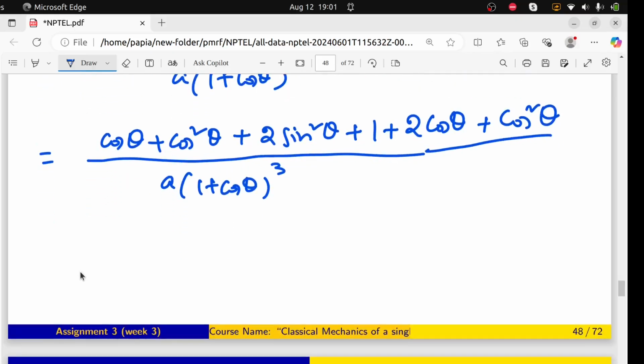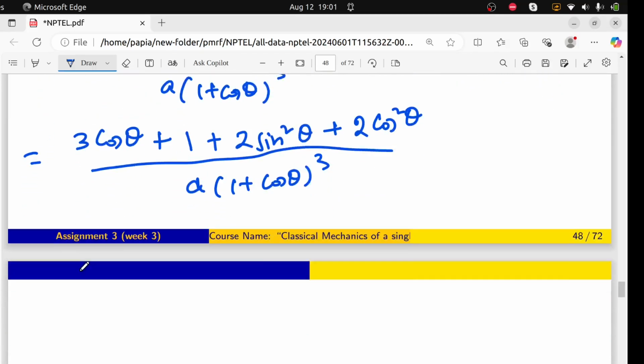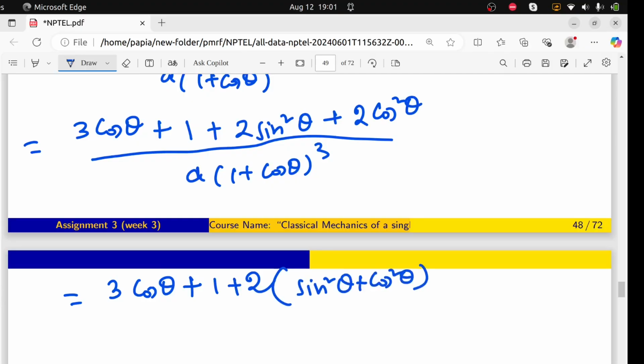If I simplify again, this is 3 cos theta plus 1 plus 2 sin square theta plus 2 cos square theta, divided by a into (1 plus cos theta) whole cube. So this gives me 3 cos theta plus 1 plus 2 into (sin square theta plus cos square theta).